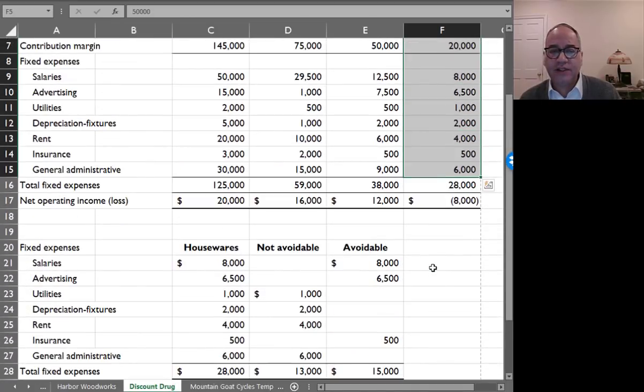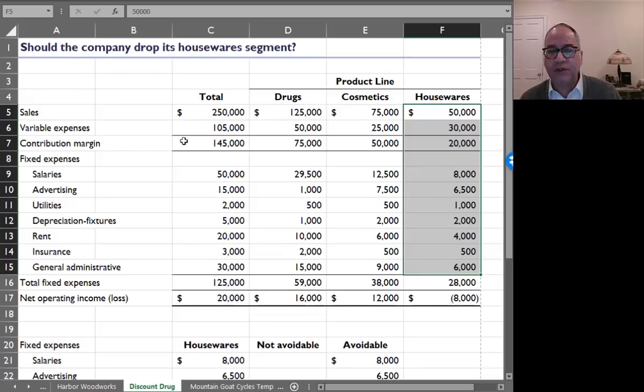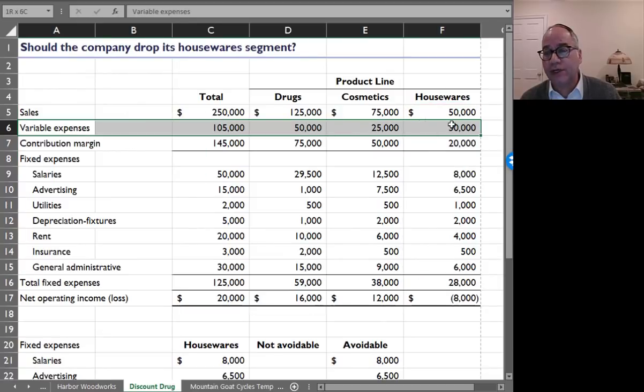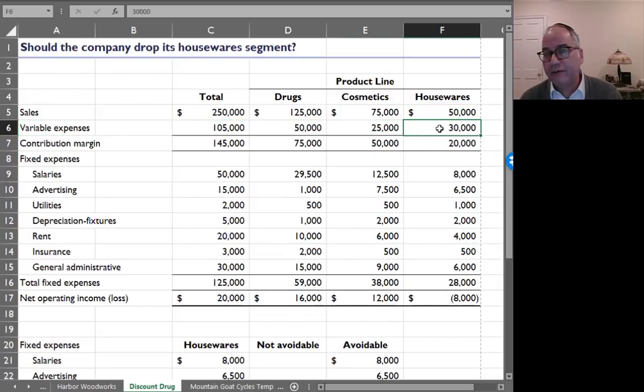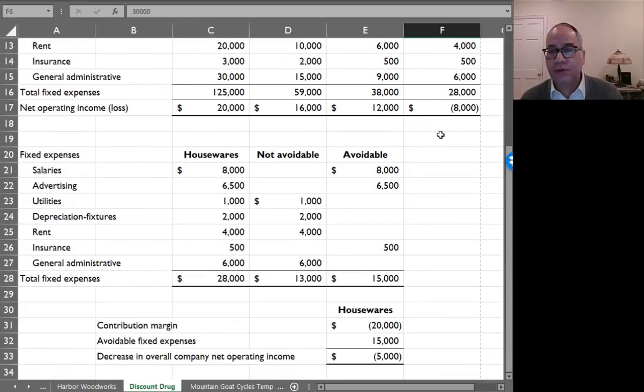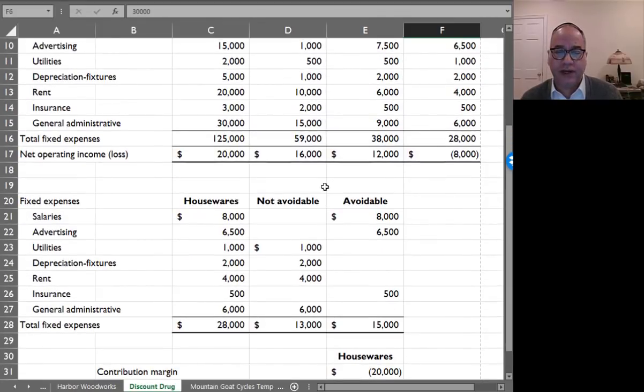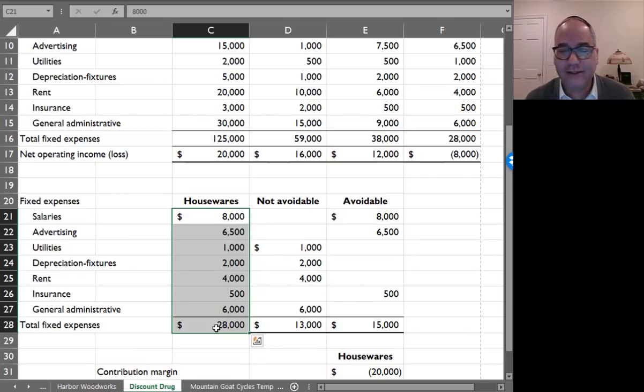This is the fixed expense section, and we would assume that all the variable expenses are avoidable because they vary with the volume. So we're going to focus just on the fixed expenses. The book has taken these numbers and broken them down into avoidable versus not avoidable.